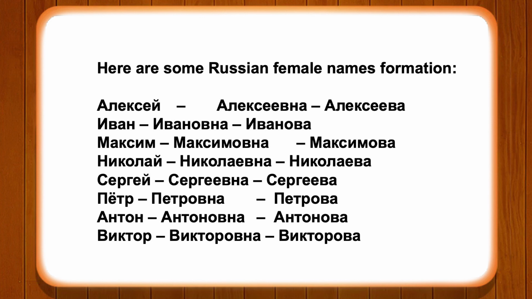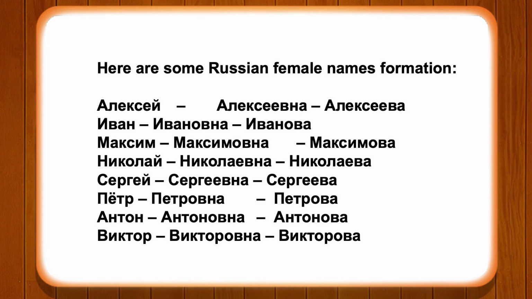From the name Ivan, a lady's or a girl's otchestvo will be Ivanovna, and her family name or the familia will be Ivanova. Maxim is the father, and the daughter will become Maximovna, and the familia Maximova.